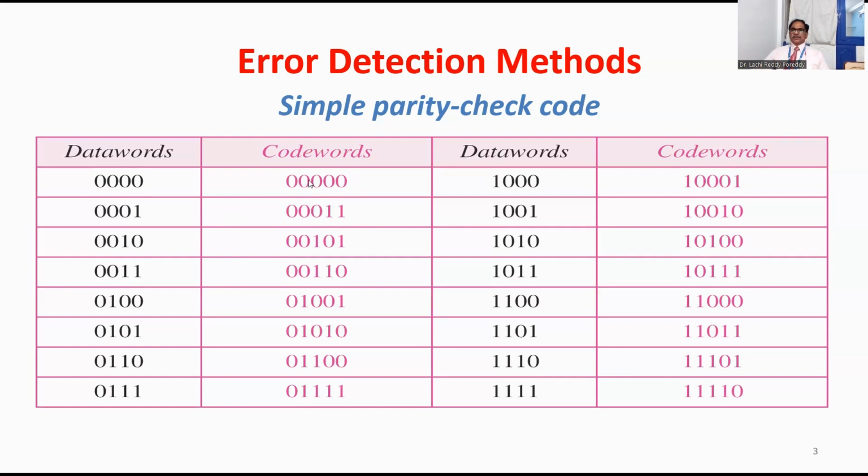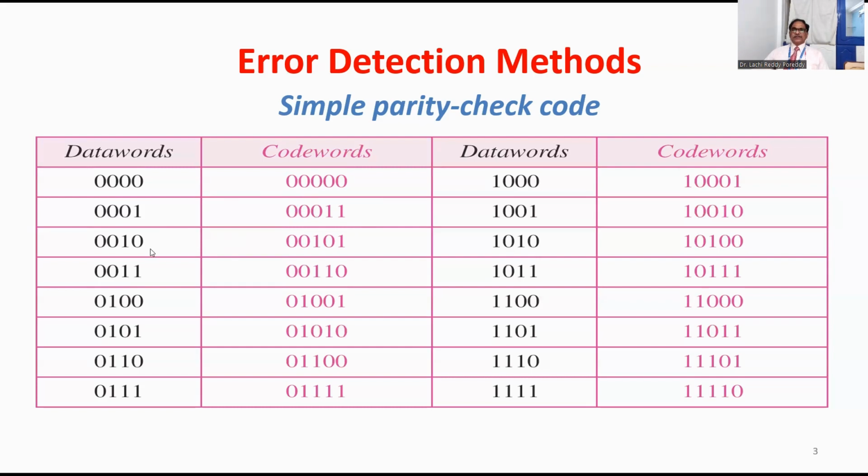Together equal to an even number of ones. The second combination, 0001. A single one is there, an odd number. We have to make it even. For that reason, we are appending a parity bit of 1 on the LSB side to make the entire message to be transmitted have an even number of ones.